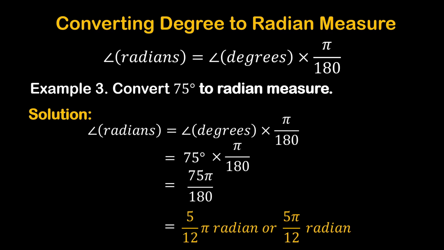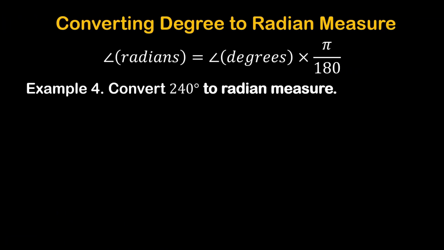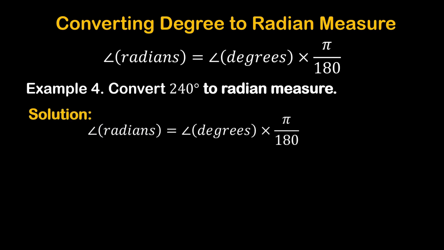Now, let's proceed to our next example. Our fourth example, convert 240 degree to radian measure. Again, to convert degree to radian, we just need to multiply the given degree by pi over 180. In our given example, our degree measure is 240 degree. So, we multiply that by pi over 180, and that will give us 240 pi over 180.